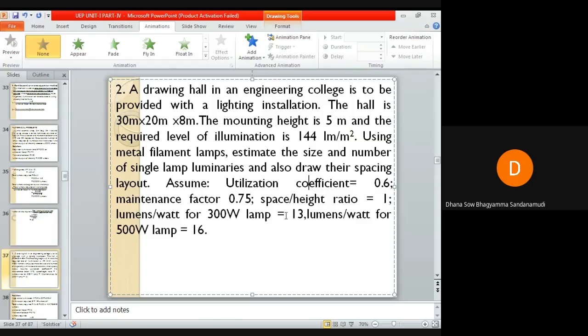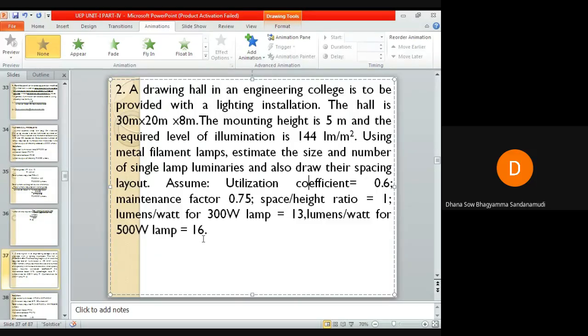The utilization factor is given, that is 0.6, the maintenance factor is 0.75, and the space height ratio is given, that is 1. Lumens per watt for a 300 watt lamp is given, that is 13, and lumens per watt for a 500 watt lamp is given, that is 16.